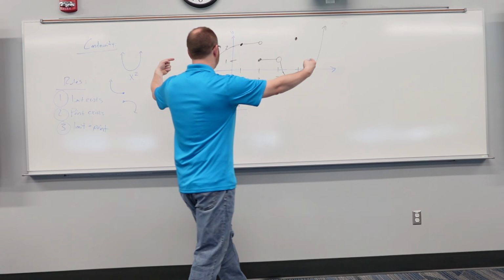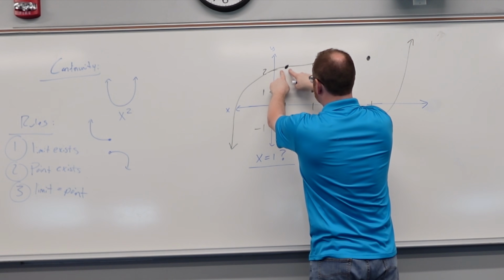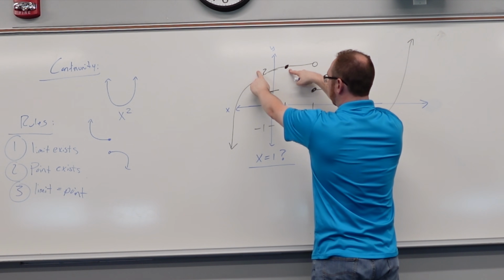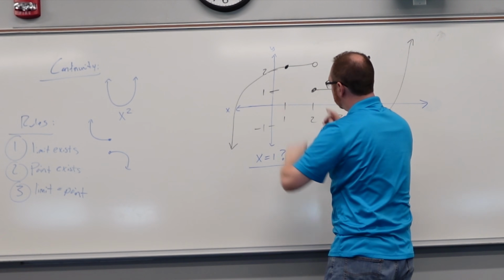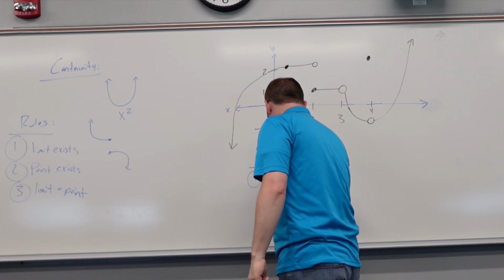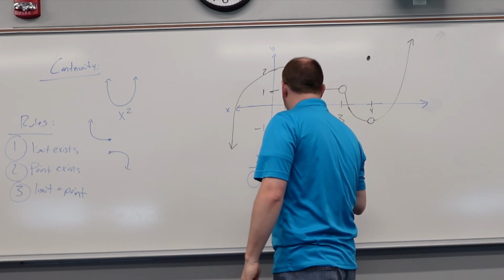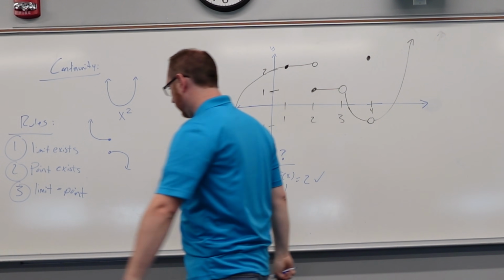So the left line and the right line have to be at the same point. Here, this goes to here, this goes here. They both land at a height or a y value of 2. So yes, this limit does exist. The limit of this function as x approaches 1 is equal to 2. So we satisfied the first one.